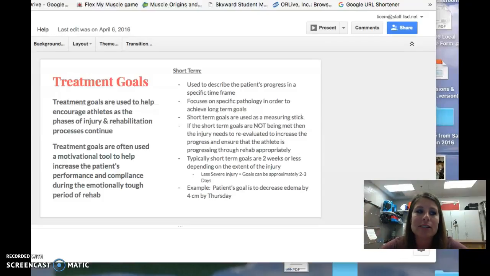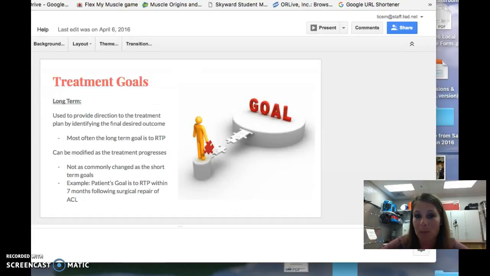Unless you have somebody that's truly struggling emotionally and mentally to complete their stuff, you'd much rather them have a longer time frame instead of decreasing their end result. So short-term goals are very, very important because adding up, crossing off each little step with a short-term goal leads to a long-term goal accomplishment.